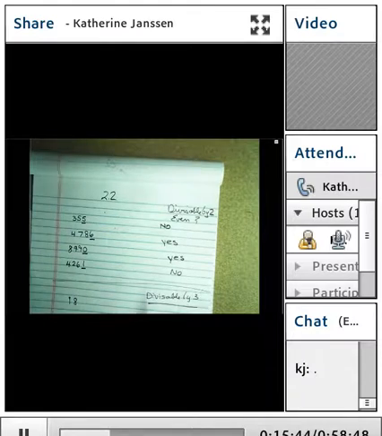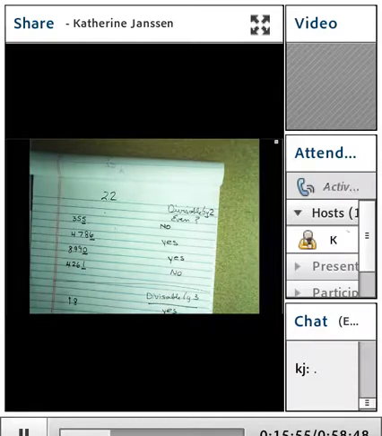Now, to determine if it's divisible by 3, I add the digits. I get 1 plus 8 is 9. 9 is divisible by 3, so yes, 18 is divisible by 3. 93. 9 plus 3 is 12, so yes, it's divisible by 3.